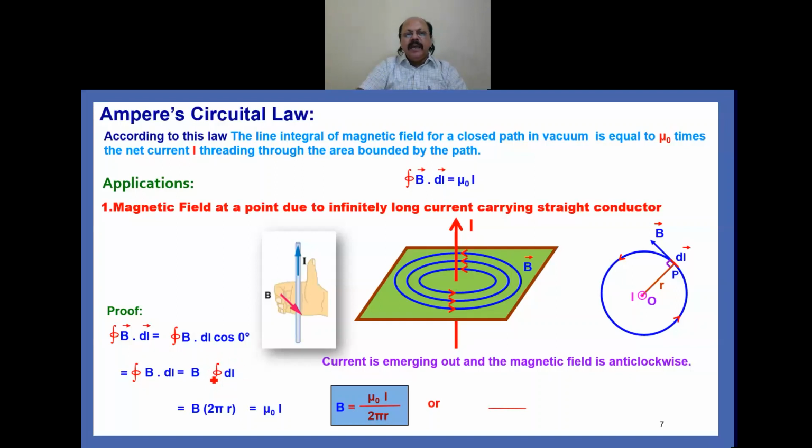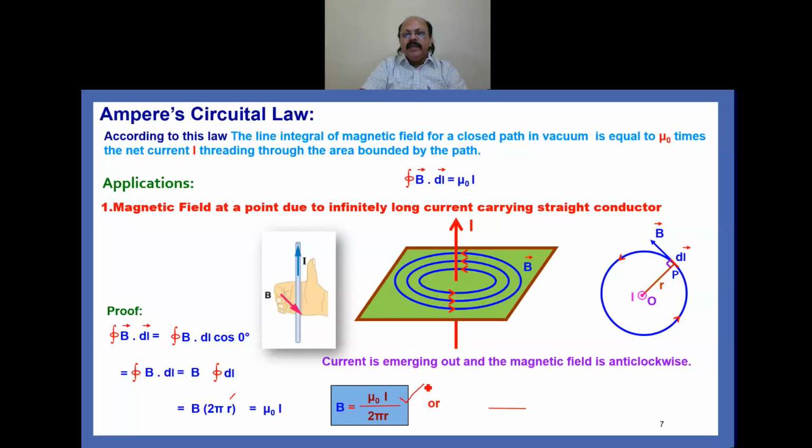Integral dl is the length of the circular loop, that is 2 pi r. Then you substitute this value here. Then you get B 2 pi r equal to mu naught I. From here, B equal to mu naught I upon 2 pi r. This is the magnetic field at point P due to an infinitely long current carrying straight conductor.